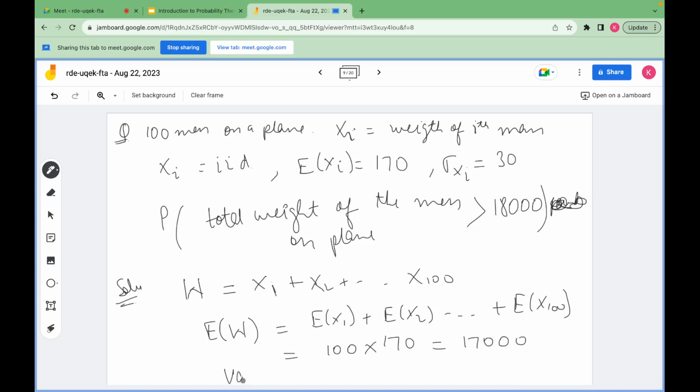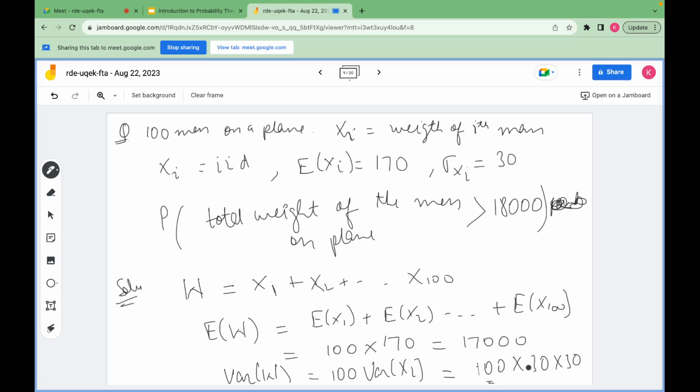Similarly, variance of W will be 100 into variance of xi. So this will be 100 into 30 into 30, as this is sigma and variance is sigma square. That's why we took 30 into 30.